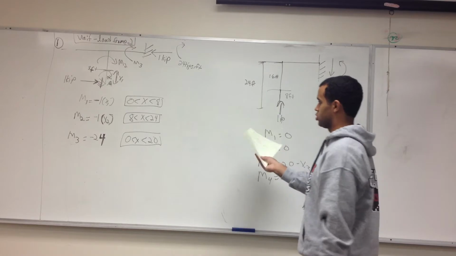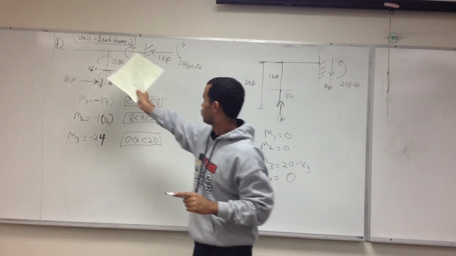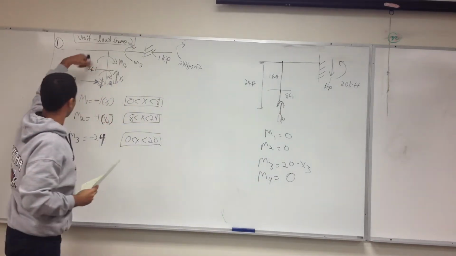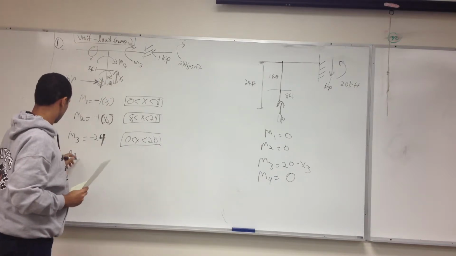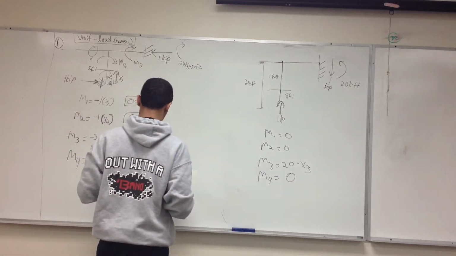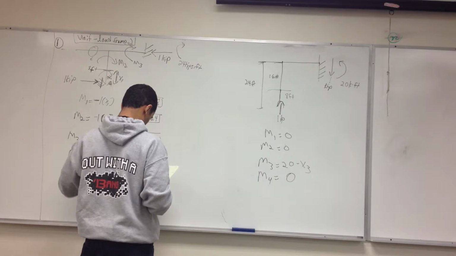So we have all of this. Oh! Going back to unit load frame number 2 over here, I forgot to mention that for M4, our moment is 0. And that's from 0 to 8.